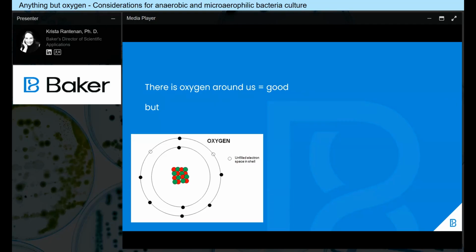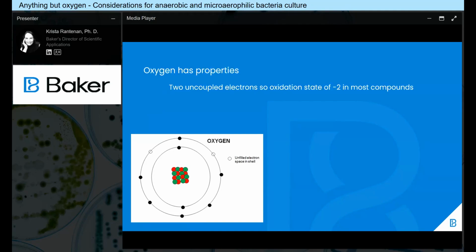And oxygen, like any other, would want to fulfill the octet rule. It would really, really like to have 8 of these dots on the outer shell, but it doesn't. It only has 6.